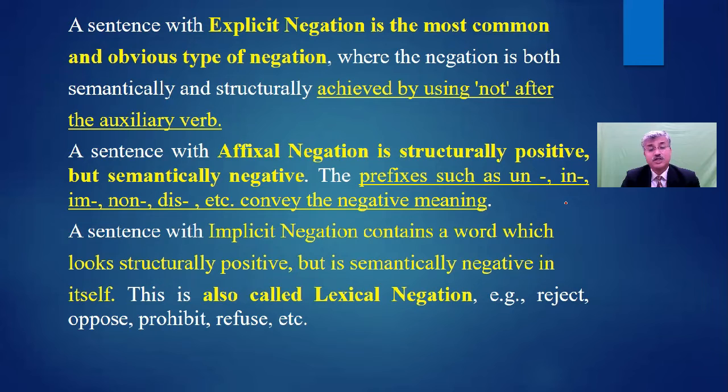Meaning is negative. The prefixes such as un, in, im, non, dis, etc. convey the negative meaning. A sentence with implicit negation contains a word which looks structurally positive but is semantically negative in itself. This is also called lexical negation.